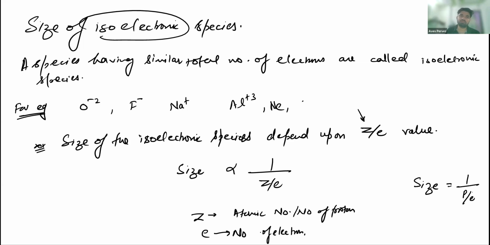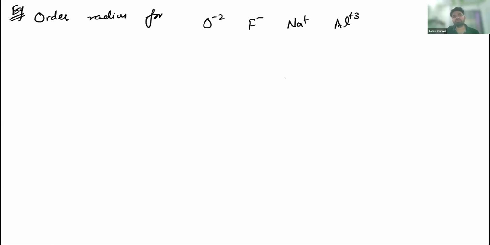If I talk about the order of radius, for example, for O minus 2, F minus, Na positive, and Al3 positive. For oxygen, the number of protons is 8 and electrons is 10. Fluorine has 9 by 10.